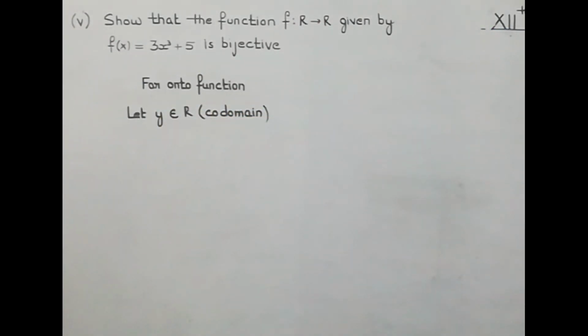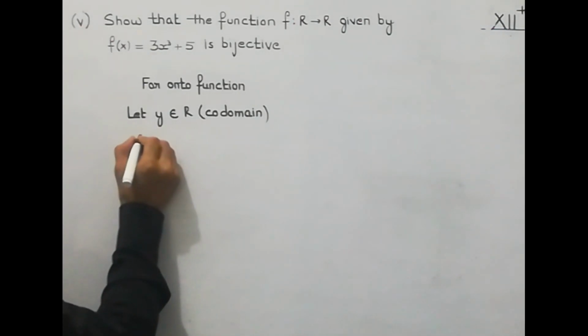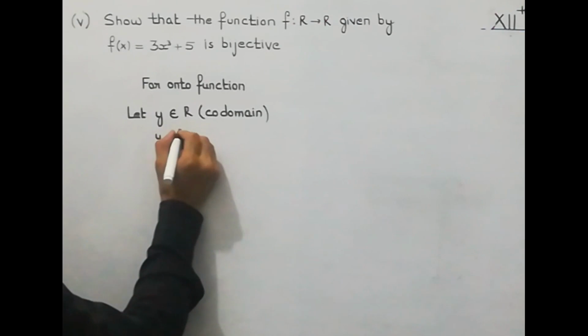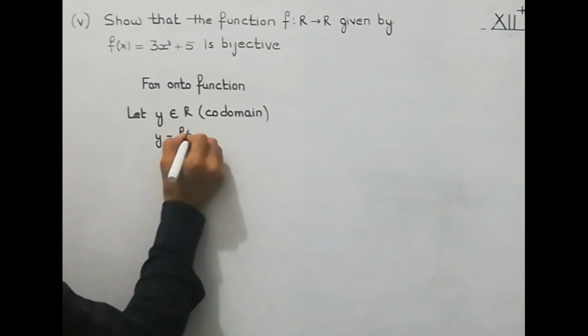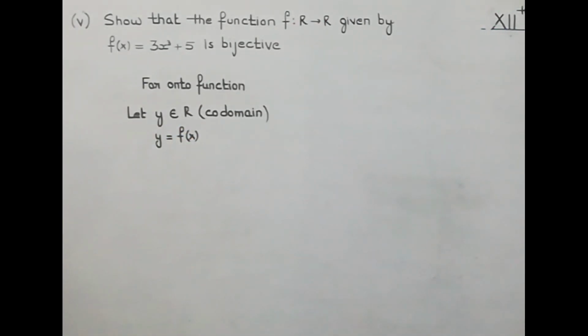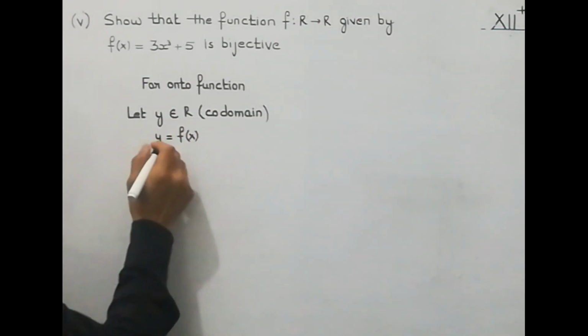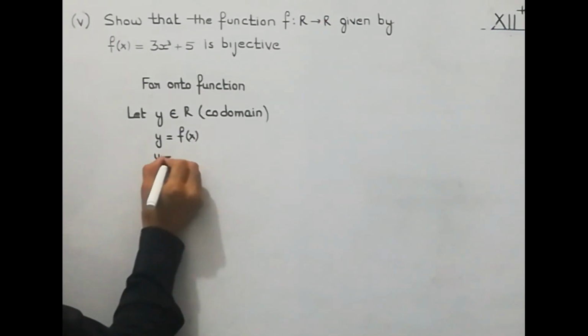We will consider any element y from codomain. Now we will write y is equal to f of x, and we will try to find x in terms of y.